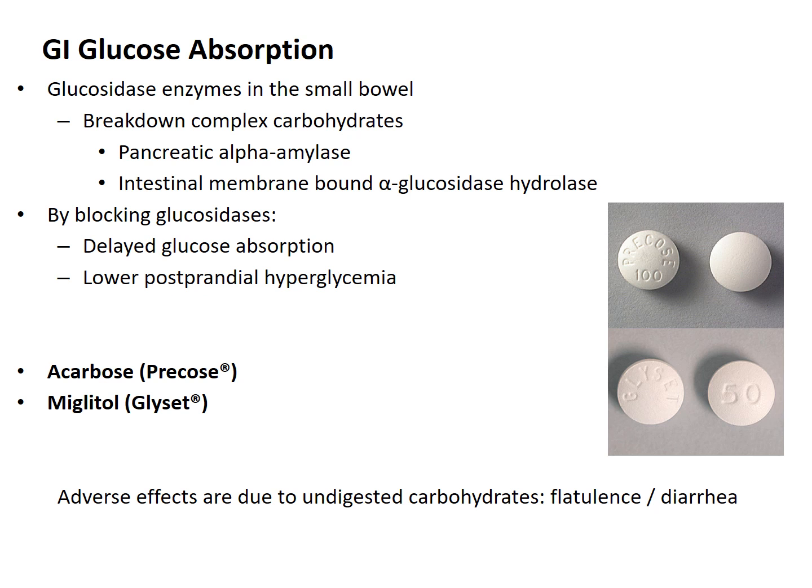I don't know about you, but I'm really not into having some socially inappropriate moment of flatulence and diarrhea because I was taking Precose or Glyset. So that's just me. You might be different. But nonetheless, not the best drugs for treating type 2 diabetes, but they're out there.